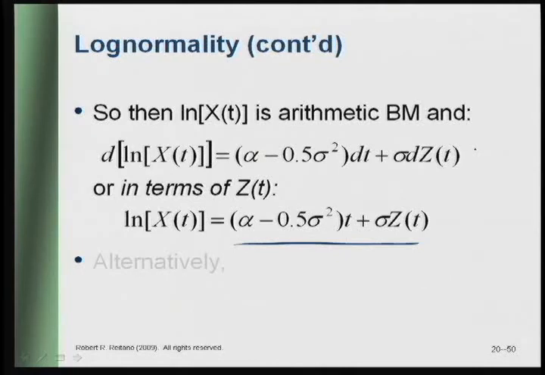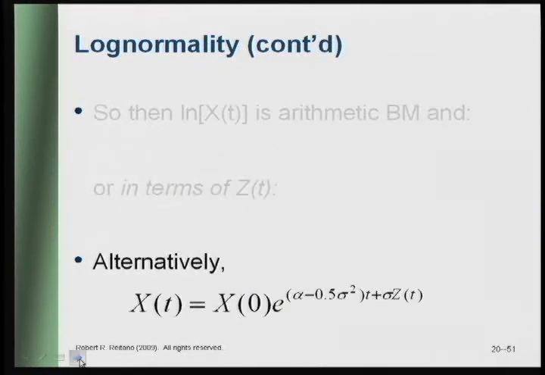Namely, that the log of x of t will always be, for any t, this constant times t plus sigma times z. Now remember what z of t is. Z of t has a normal distribution with a mean of 0 and a variance of t. So we can think of, if we take the natural log of all the x values at time t, we get this normal distribution with that mean and that variance.